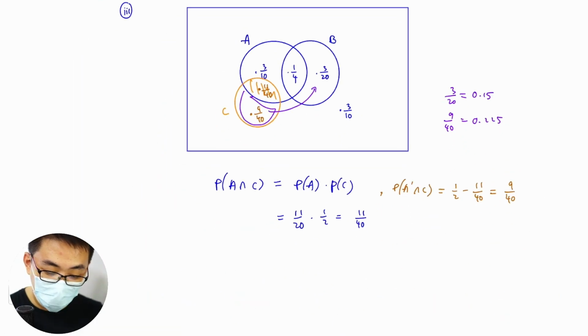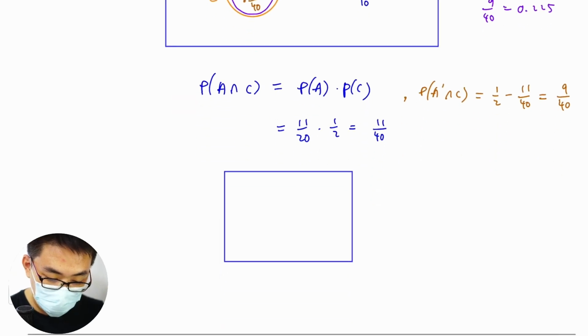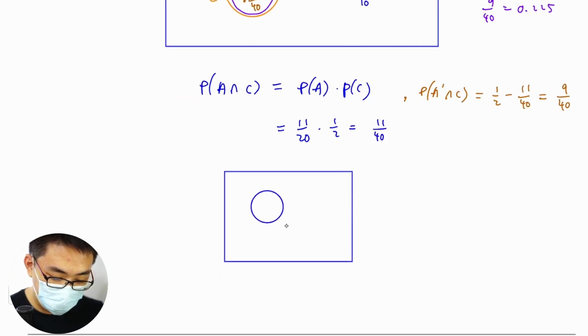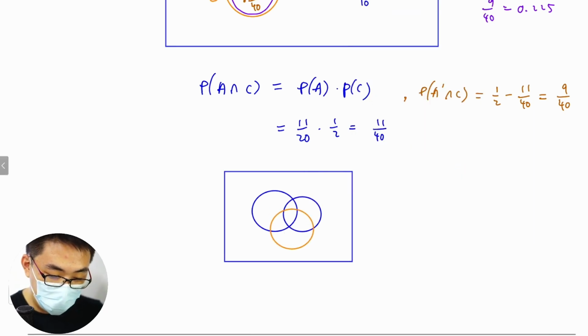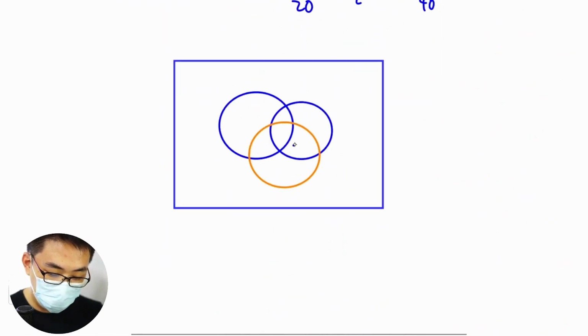So at the very most, C can only swing in. Let me just draw A and B here. This is C. It can only swing in, where B's 3/20 is totally inside here.